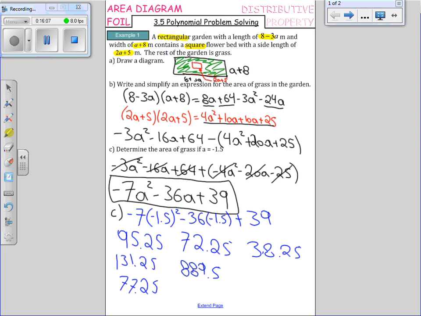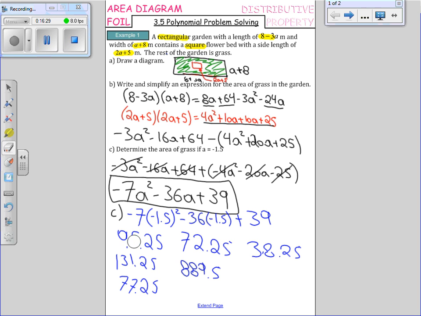Hey, we got some people doubling up. That's a good sign.